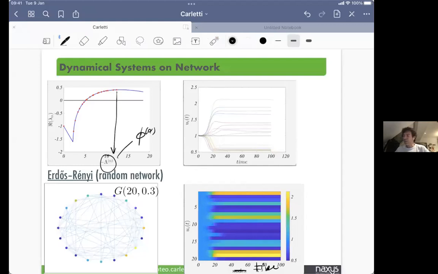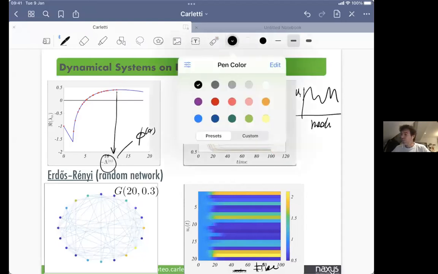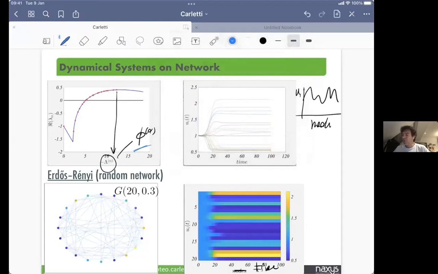Assume that you plot these nodes, and then I put here U_i, the concentration of U_i on each node. If on the same picture you plot the entries of this vector, you see that this vector will have, not exactly, but high, low, high, low, high, low, high, low.